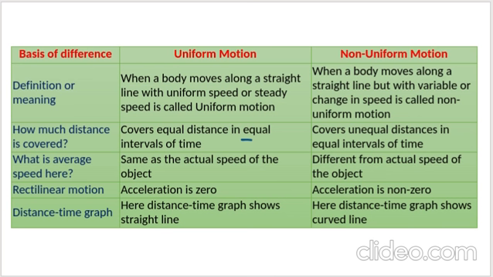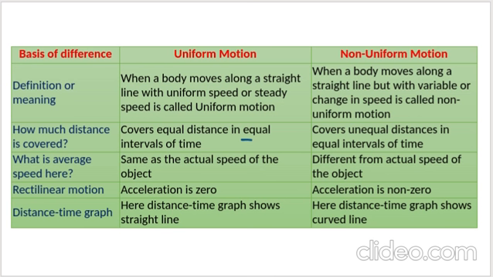Now, average speed, that is one important point. What is the average speed in uniform motion? It is just the same as the actual speed. Why? Because the speed is constant, so no need of average speed. But in non-uniform motion, the speed is changing, so that's why we have to take an average speed.